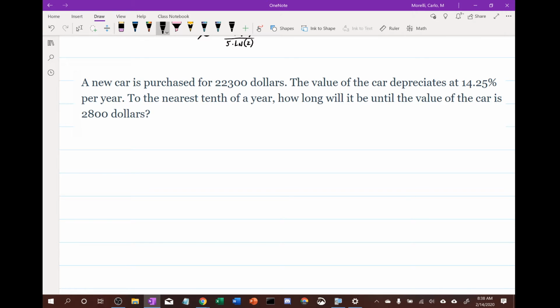All right. So what you're going to have is an equation that takes the form y equals a open parentheses b close parentheses raised to the power of x.